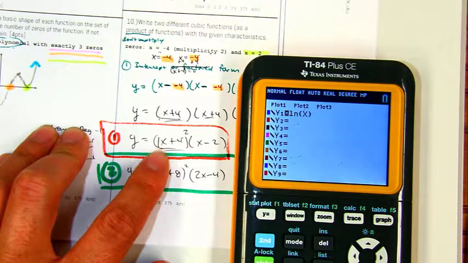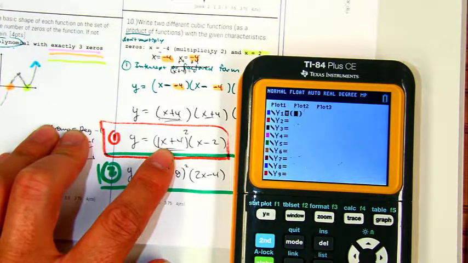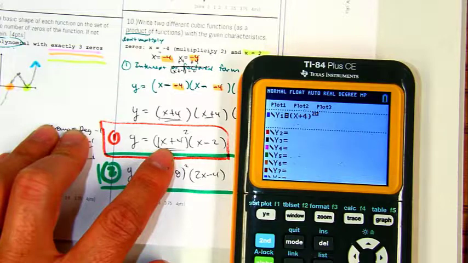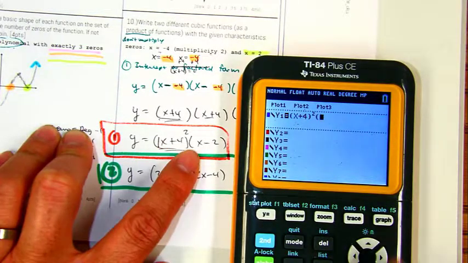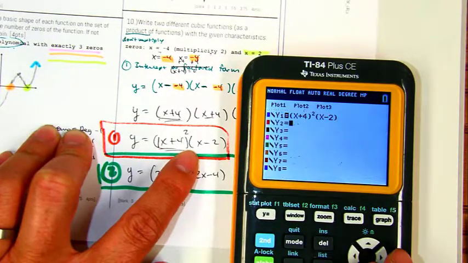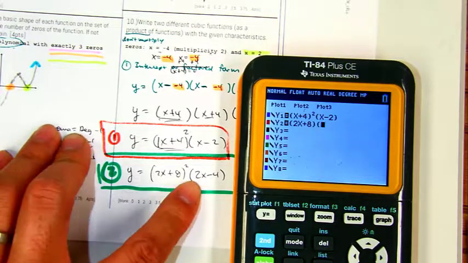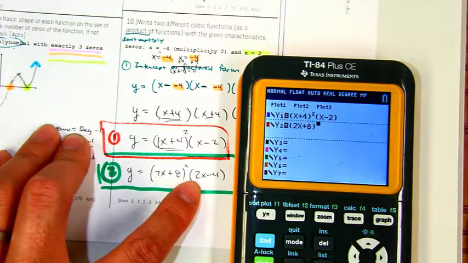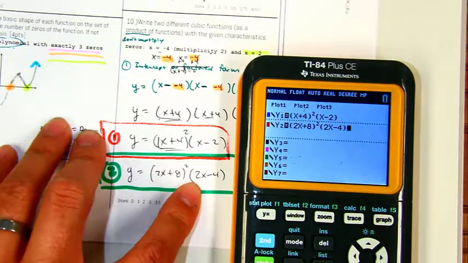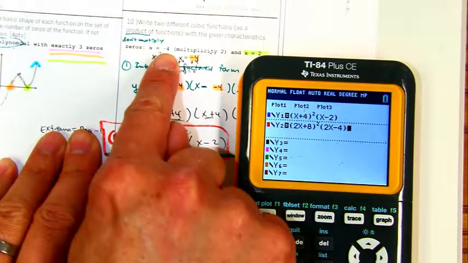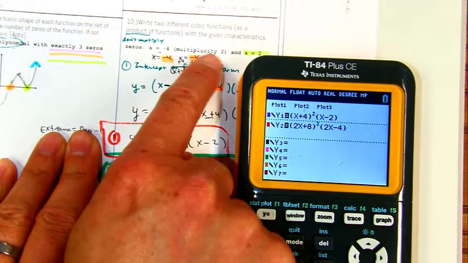This is the first one, so we'll do x plus 4 quantity squared, x minus 2, and 2x plus 8, that one is squared, 2x minus 4. And the whole point is that it goes through the same exact points, so you're going to have a bounce right here, and then a shoot through.